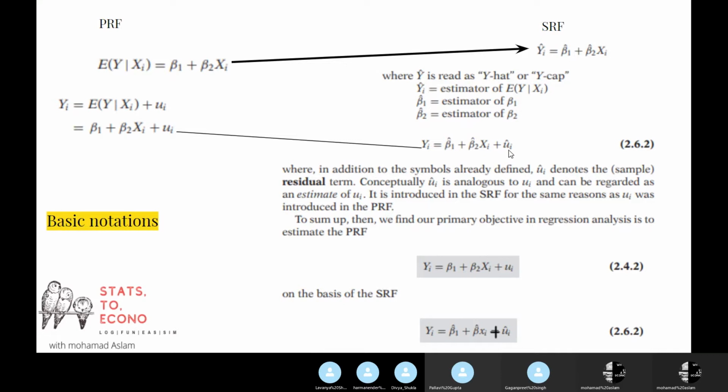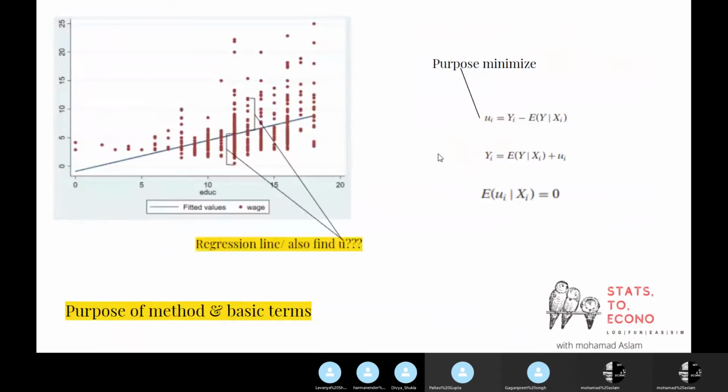And if we add the error term to it, this is the actual yi value based upon this sample statistics. But these actual y values differ, you can see in this graph. These red dots are the actual values, and the points on the line are estimated.